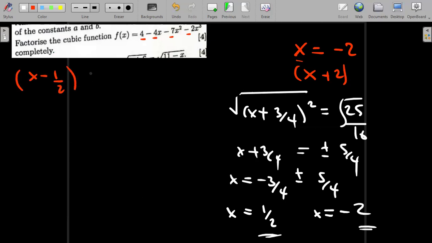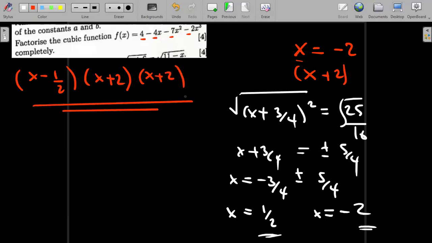Then the other one is going to be x plus 2. Then I already found the first one as well to be x plus 2. So I have factored it completely as they asked me to do in the question.